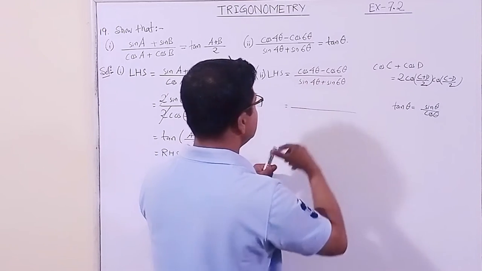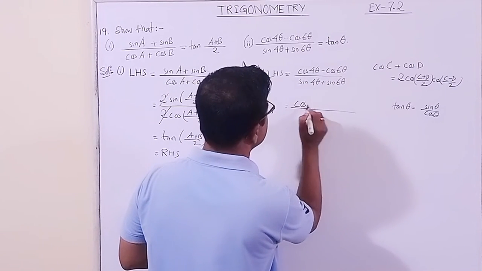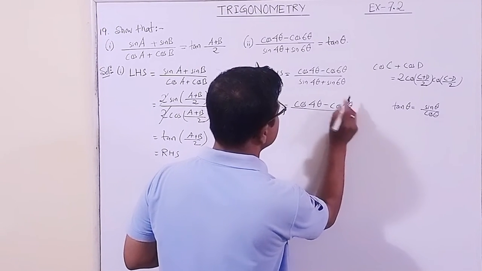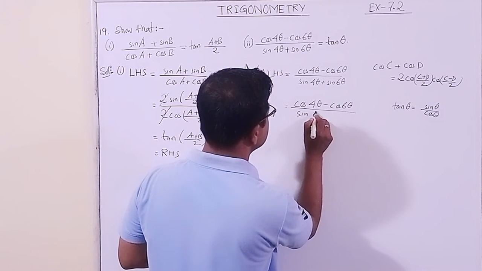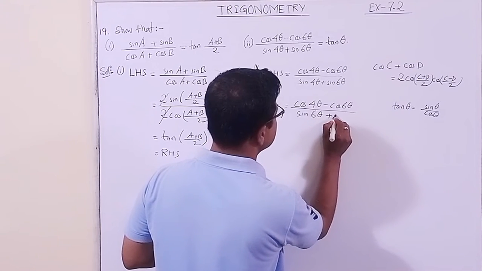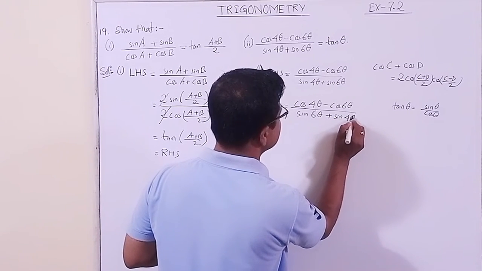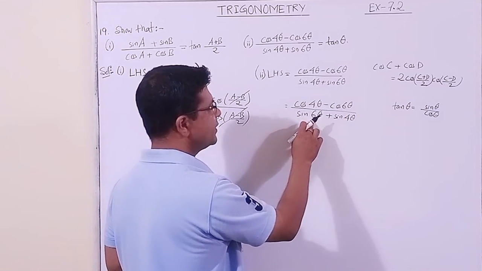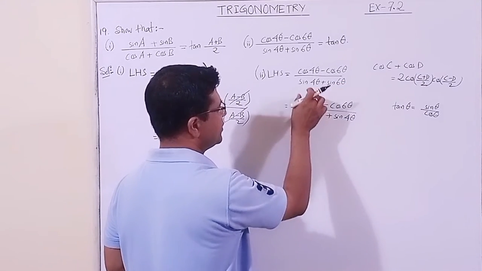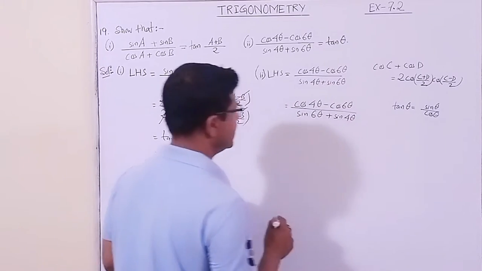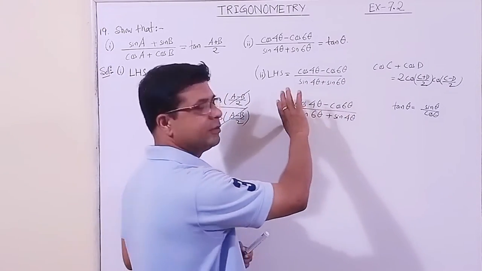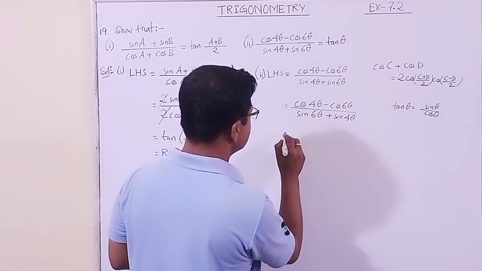Already this is minus, so we will not change this. We will change it in the second one: sin 4 theta plus sin 6 theta, the same thing. 6 theta we have written first. Here we are not changing because this is minus, so again there will be a problem with the minus sign. Now what is the formula?